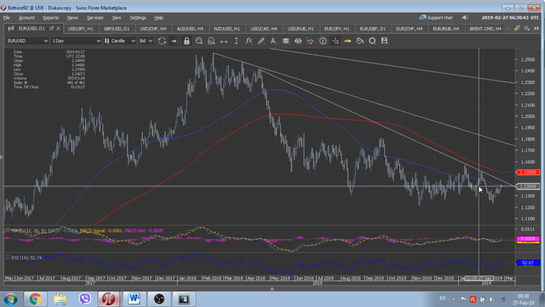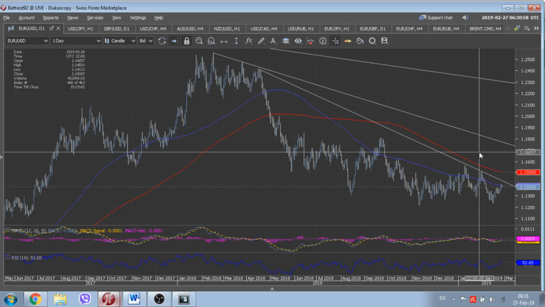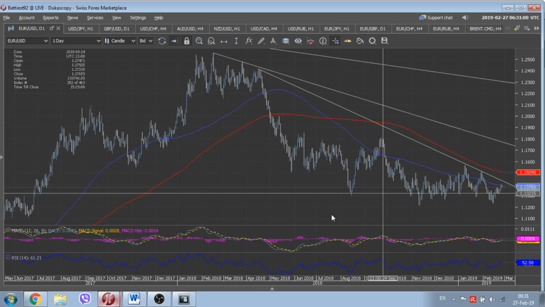From that point of view, the United States currency should remain under this so-called selling pressure, and we could see some further bullish development in the price of a pair like the euro-dollar.